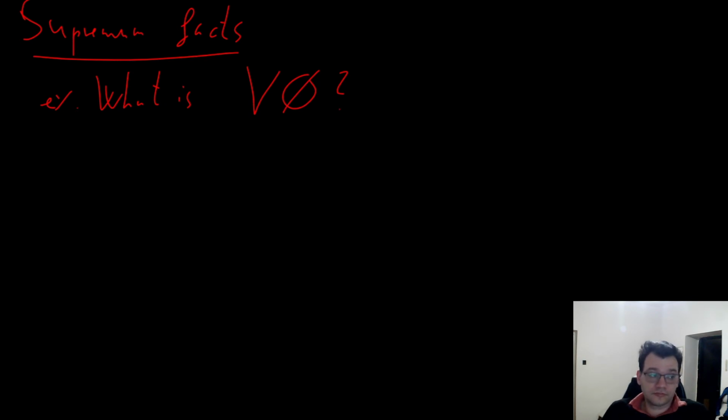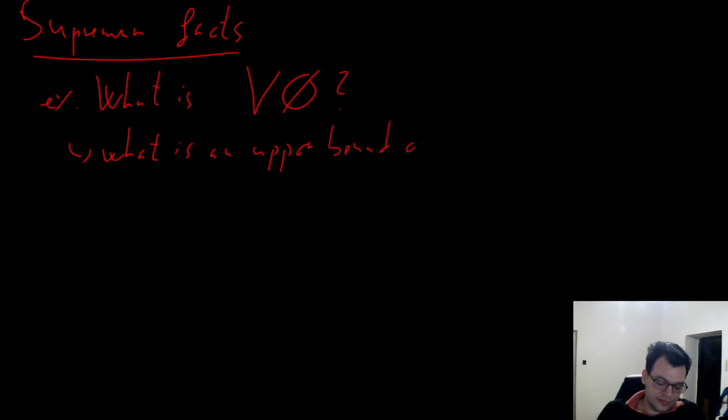So for example, what is the supremum of the empty set? It's of course the least upper bound of the empty set by definition. So the second question is, what is an upper bound of the empty set?